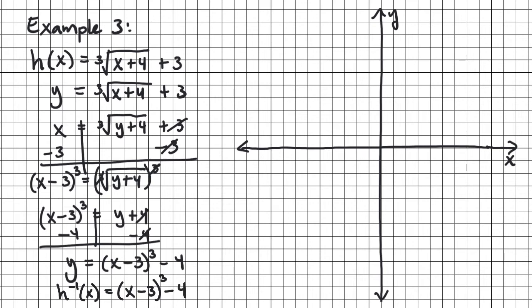Okay, so what I got here at the end is my inverse function, and at the very beginning over here is my original function. All right, the next step would be drawing the diagonal as a dashed line going that way and this way.